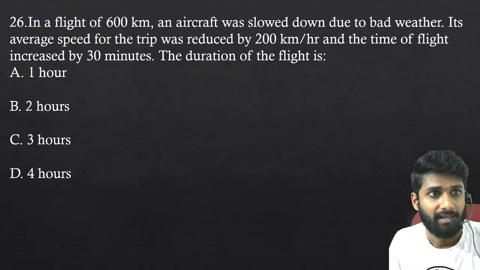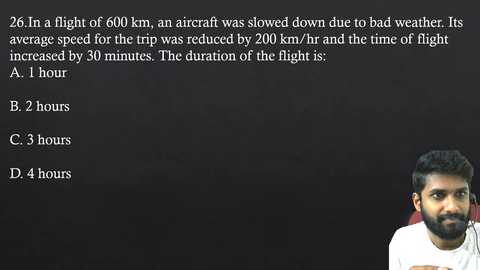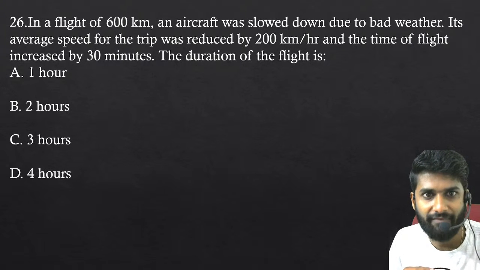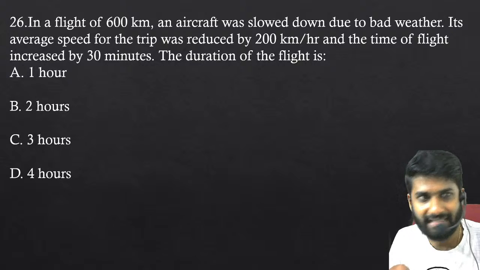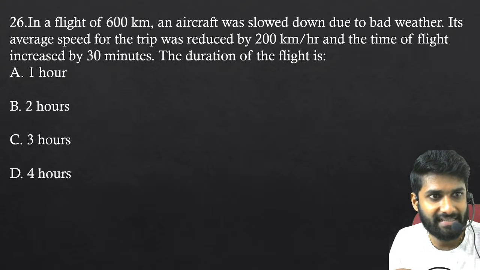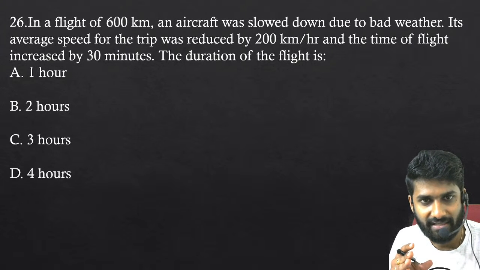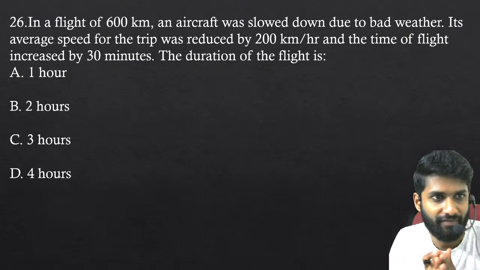Now see, in a flight of 600 kilometers, the distance is equal to 600 kilometers. The aircraft was slowed down due to the bad weather. The average speed of the trip was reduced by 200 kilometers, and the time of flight is increased by 30 minutes.